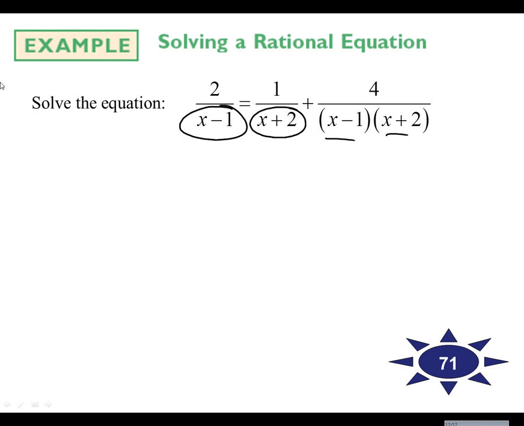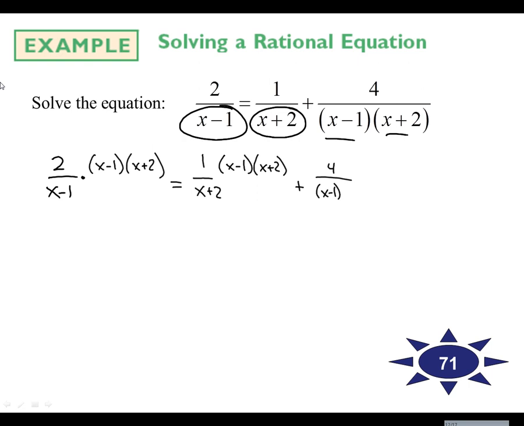We're going to multiply every single term, the 2 over x minus 1, by both of the denominators, times x minus 1 times x plus 2, equals 1 over x plus 2, times it by both of the denominators, x minus 1, x plus 2, plus 4 over x minus 1, x plus 2, times it by both of the denominators, x minus 1, x plus 2.